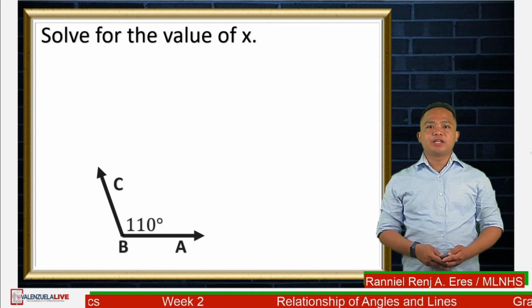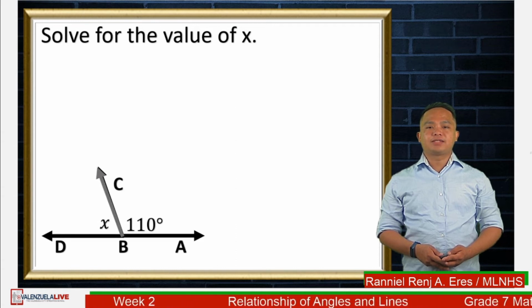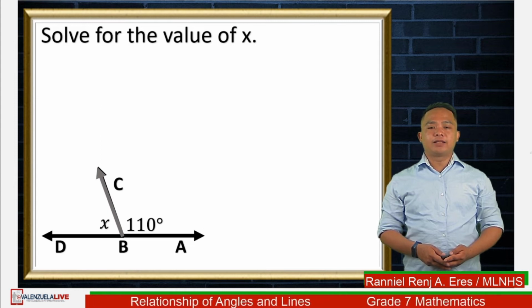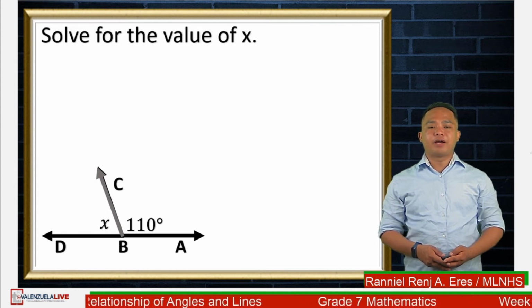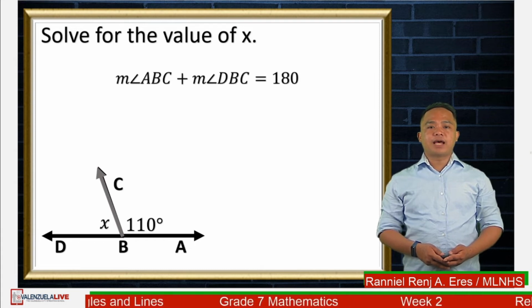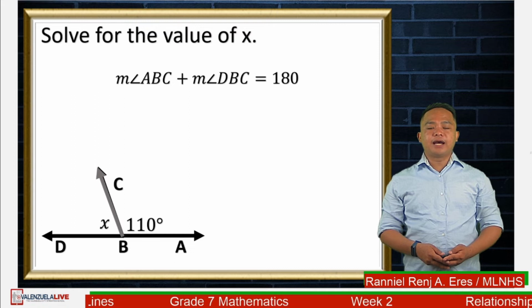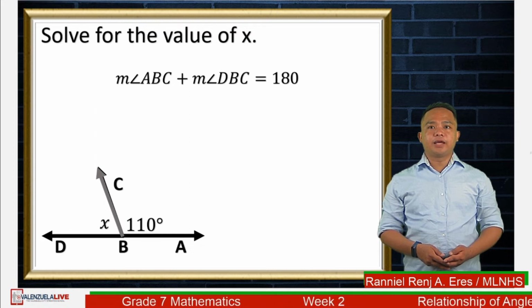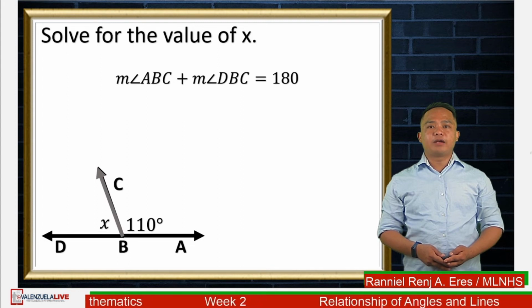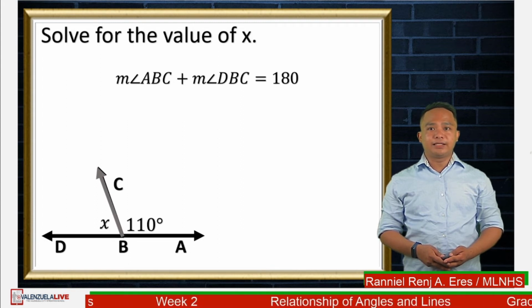Let's analyze and solve for the value of x. The measurement of angle ABC is equal to 110 degrees, but the measurement of angle DBC is unknown. Since angle ABC and angle DBC are a linear pair, then the measurement of angle ABC plus the measurement of angle DBC is equal to 180 degrees.